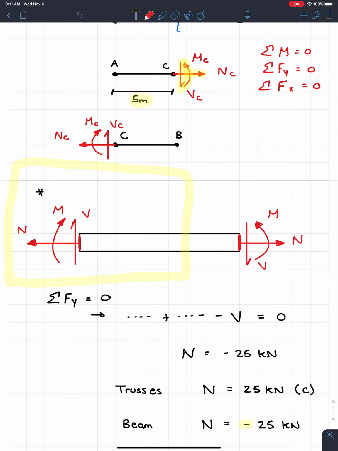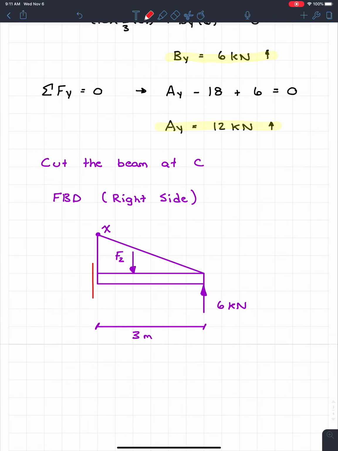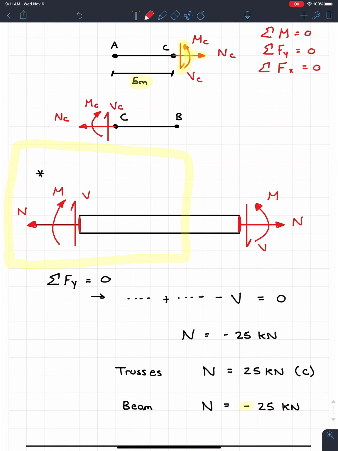Starting with shear, in this diagram, we have the shear going upwards. So I'm going to come down here. We know that our shear is going to go upwards like this. That's our shear, and we know it's at point C, so I'm just going to label this VC. We go up here again. Our normal force will always be pointing away from our cut.